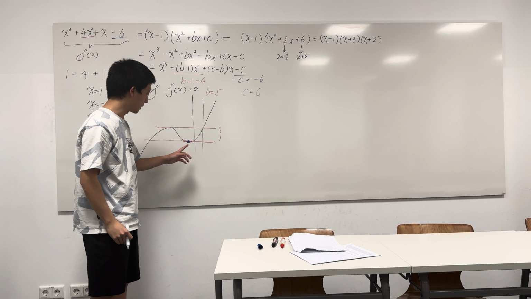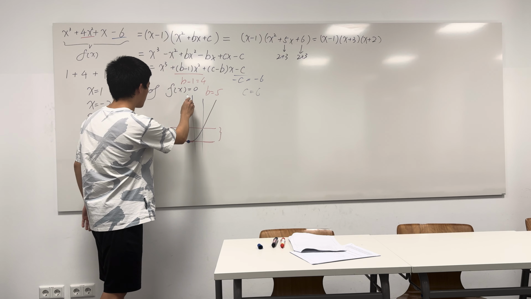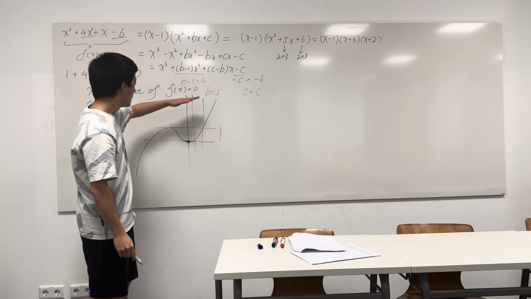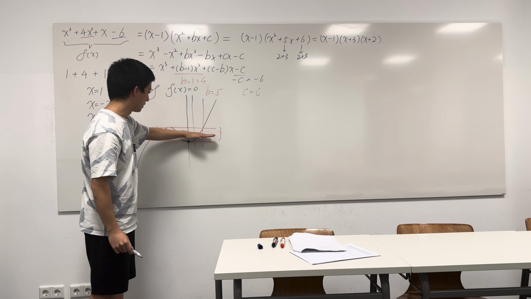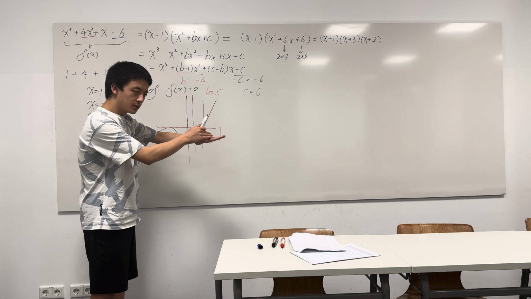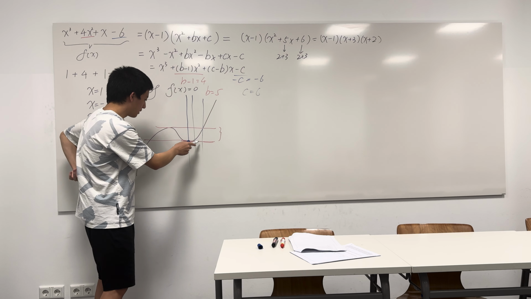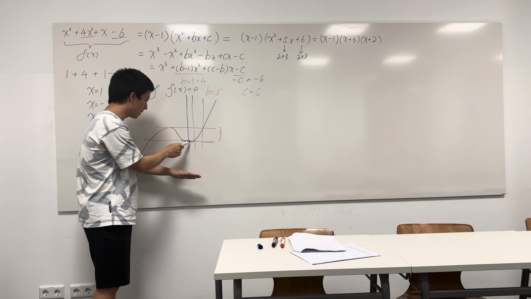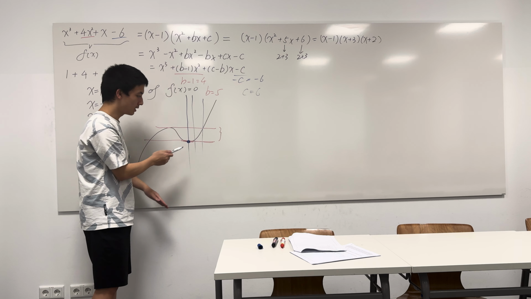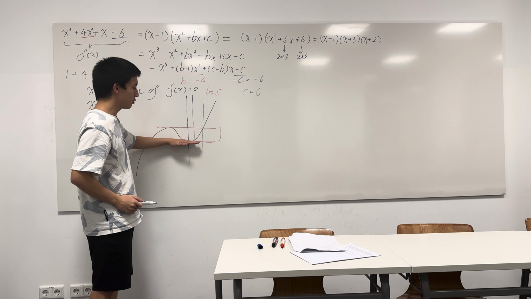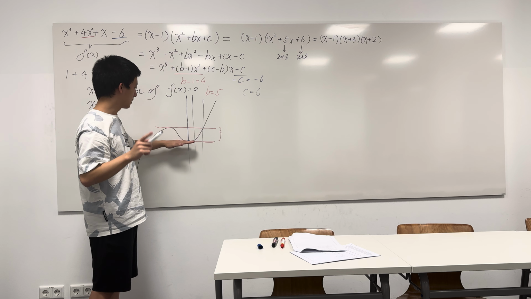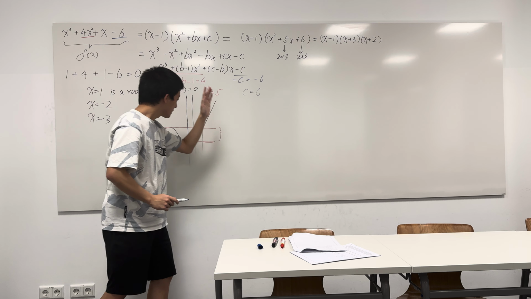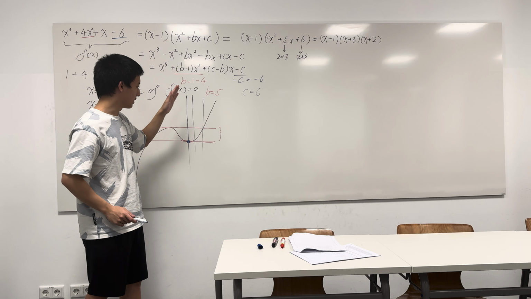The special point is the minimum point. If we draw a horizontal line through the minimum point, this line is the tangent of the graph at that point, so there's also only one intersection. So when x is more or equal to this point, the graph of f has an inverse.